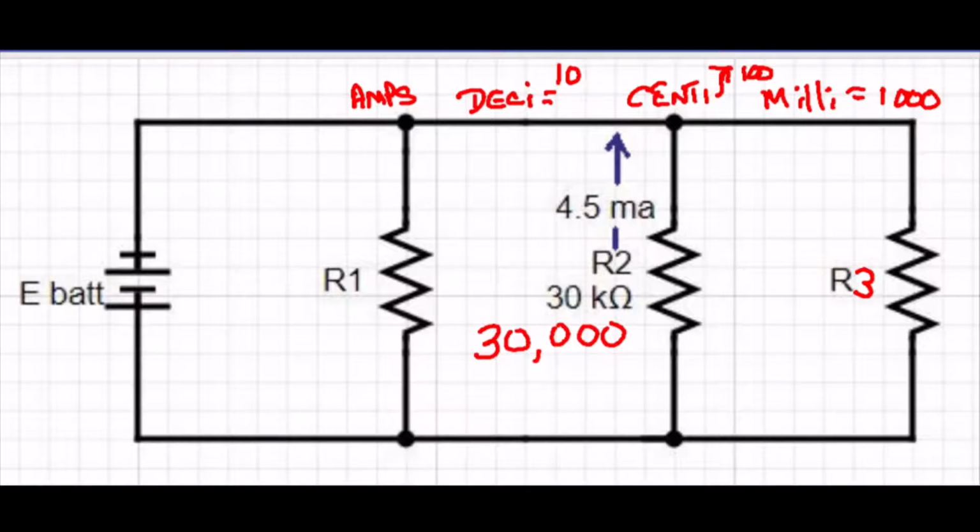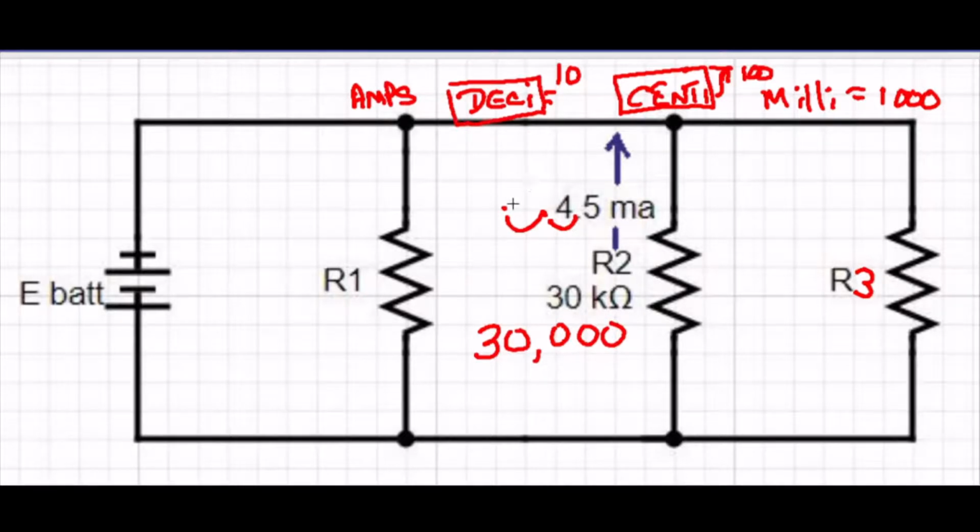be a lot easier. So I'm going to move the decimal place from 4.5 to 0.45. Okay, that means that if we move it there, we're talking about centiamps. Okay? If I move it another place to there, we're talking about deciamps.